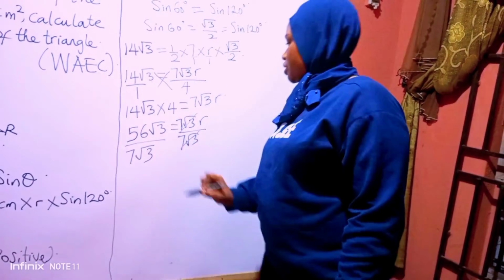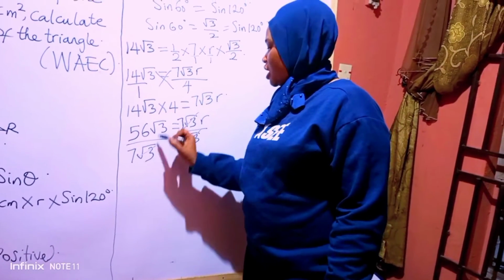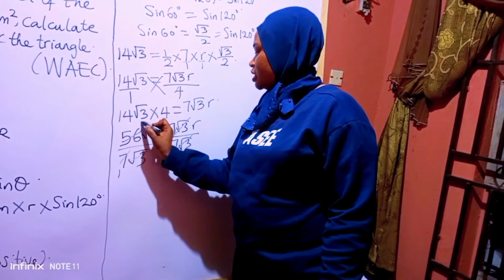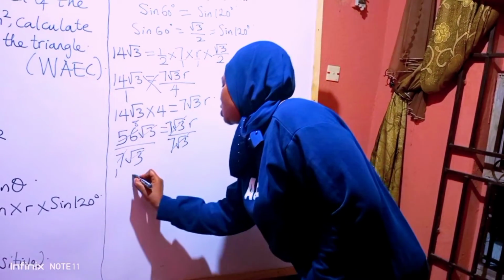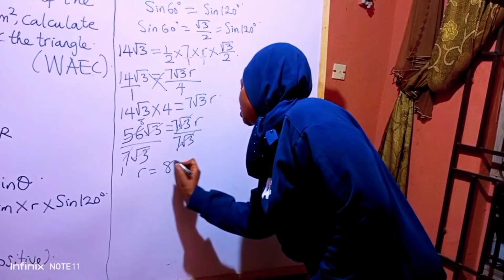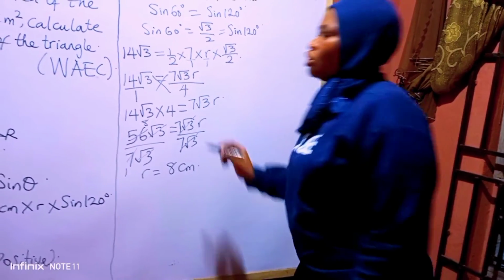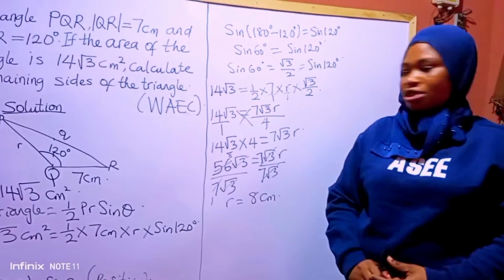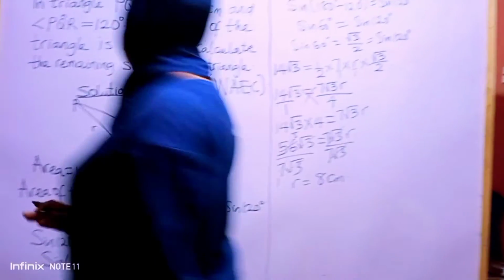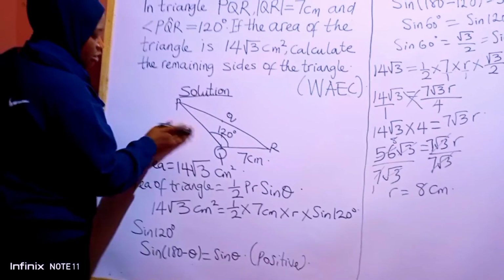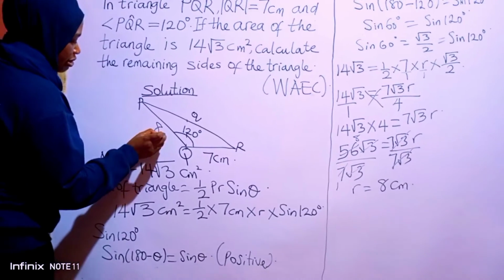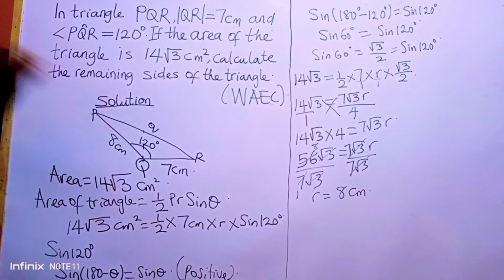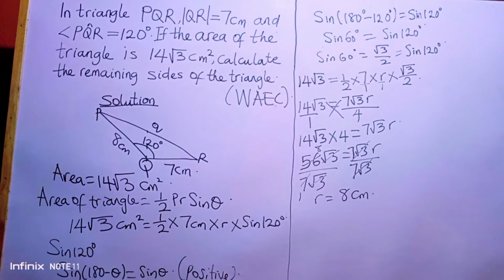Root 3 cancels root 3. 7 in 7 is 1, 7 in 56 is 8. So this r is equal to 8 centimeters. So one of the two remaining sides is equal to 8 centimeters. Let's go back and write it in our sketch diagram. This is 8 centimeters. So we need to find the remaining side now.